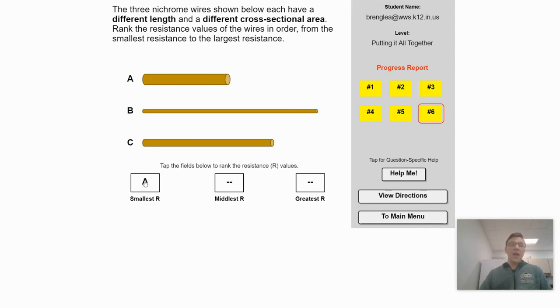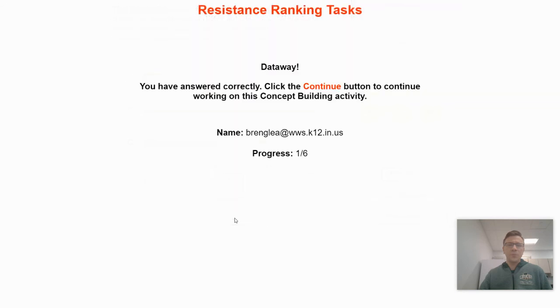So in this one, A is clearly not only the shortest, but also the thickest. Then C is the next shortest and the next thickest. And then B. That's how we'd rank these, because B is a double whammy here. Not only is the wire very long, but it's also very thin, or has a small cross-sectional area. And so this one is going to have a lot of resistance here.